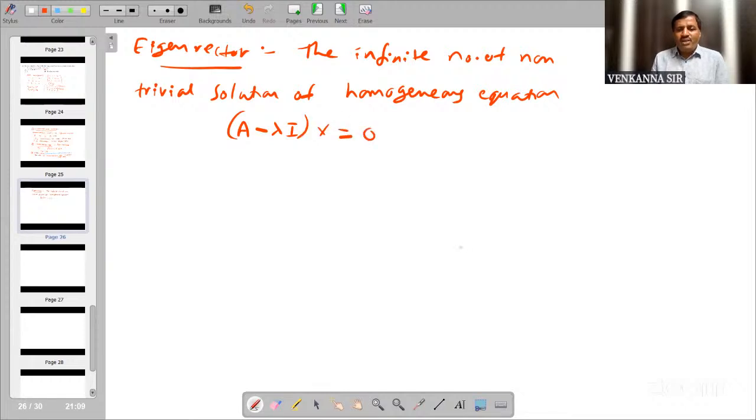As already explained, this eigenvector is associated with homogeneous equations.